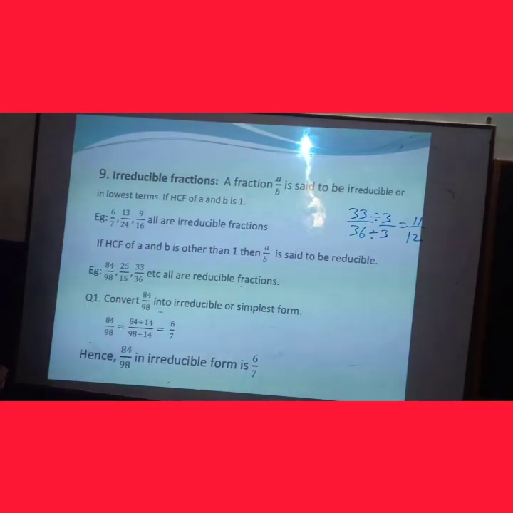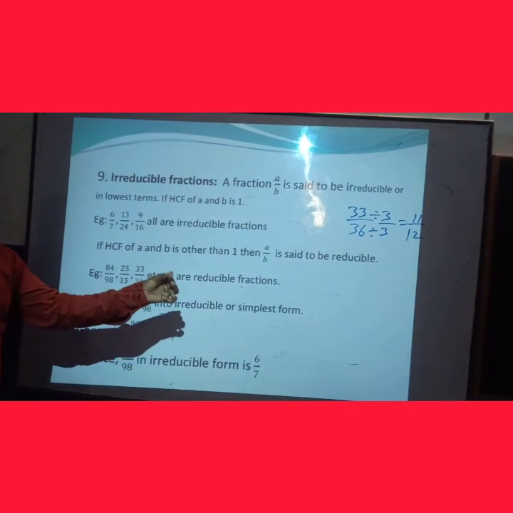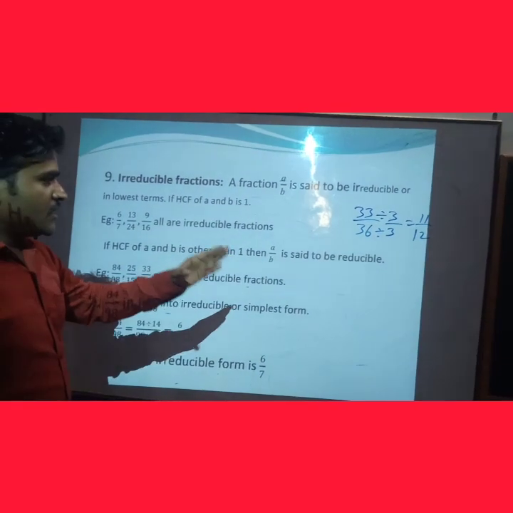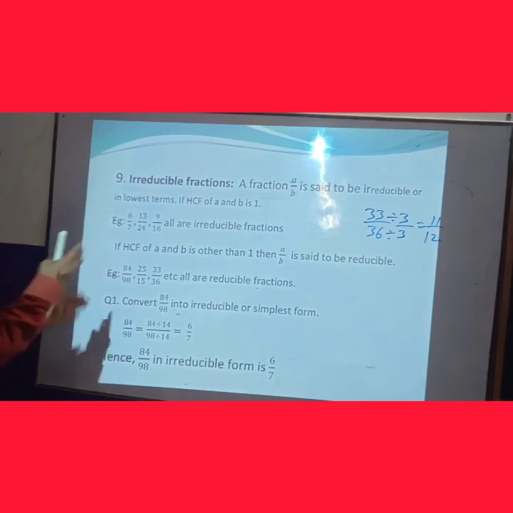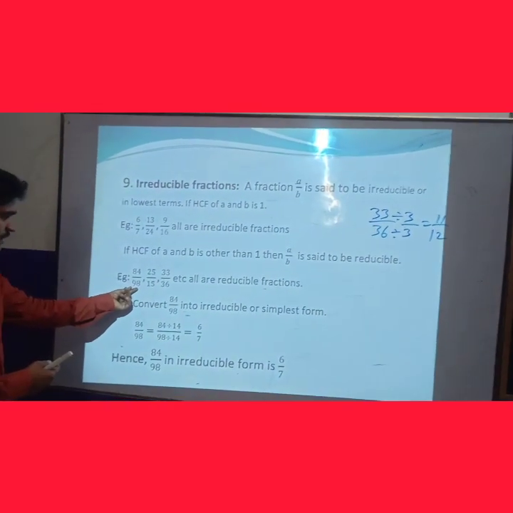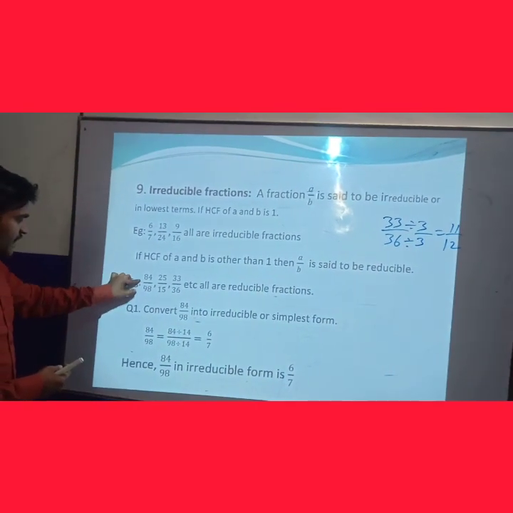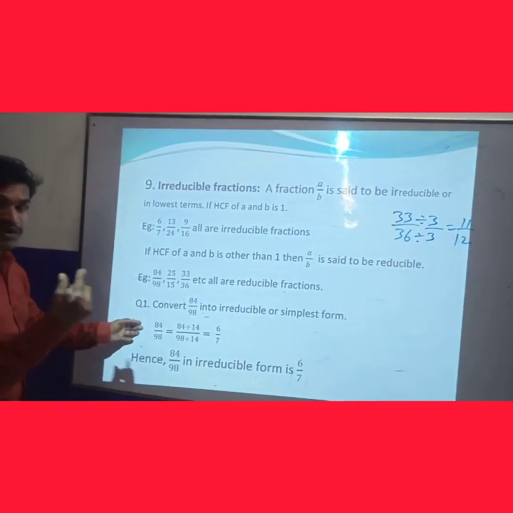And if the HCF of a and b is other than 1, then a upon b is said to be reducible. Means we can simplify it. Okay, this is 84 upon 98. So the HCF of 84 and 98 is 14.